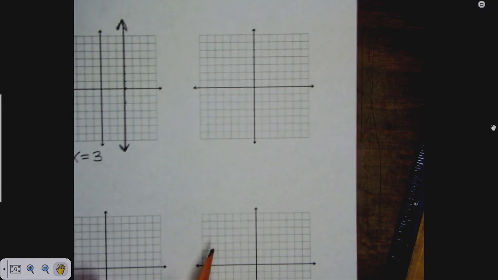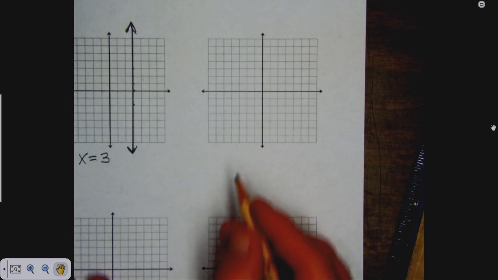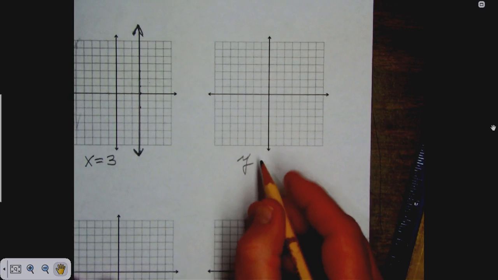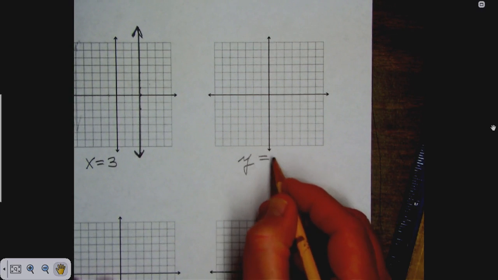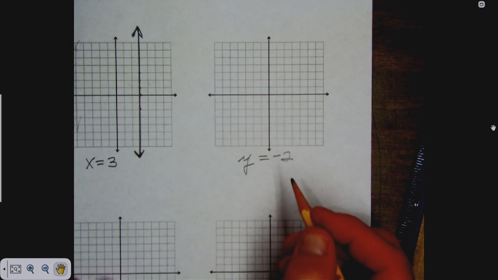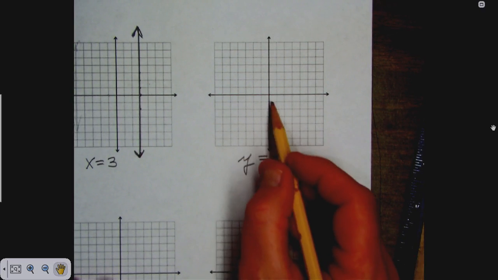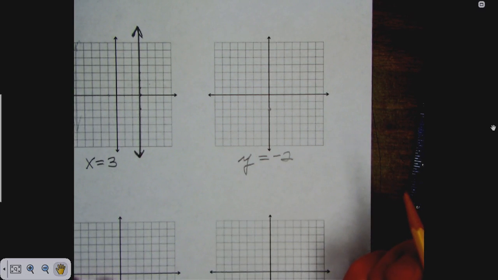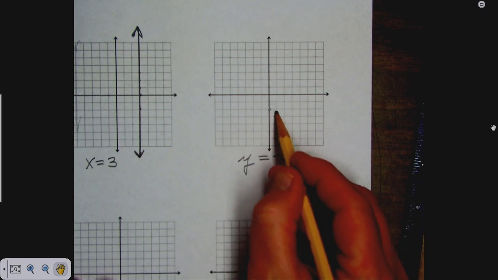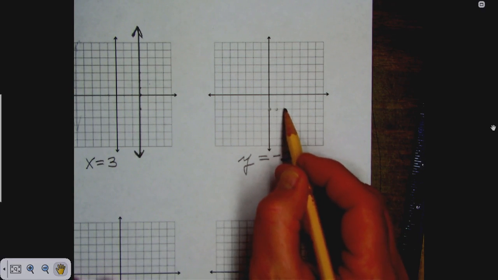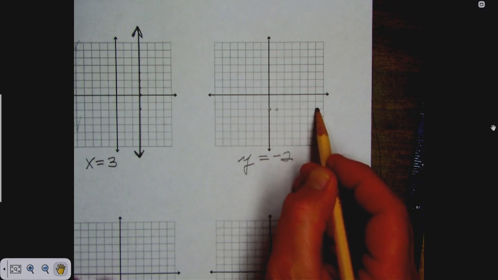Now, let's take another example and look at something where we just have a y value. So let's say I have y is equal to negative 2. Well, let's think about where that occurs. Here's the point (0, negative 2). There, y is equal to negative 2. Here's the point (1, negative 2). Here's the point 2, 3, 4, 5, 6, 7.